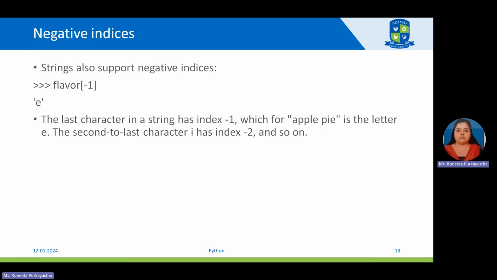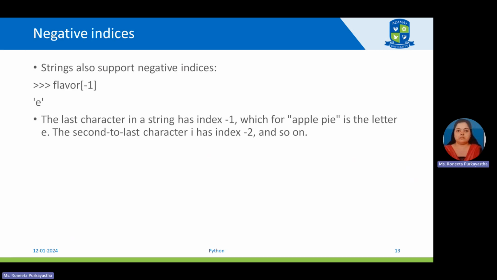Next is the concept of negative indices. Now the string in Python also supports negative indices. How do these negative indices work? For a negative index, the -1 or -2, -3, like this, the numbering is done from the end of a string towards the left of the string.